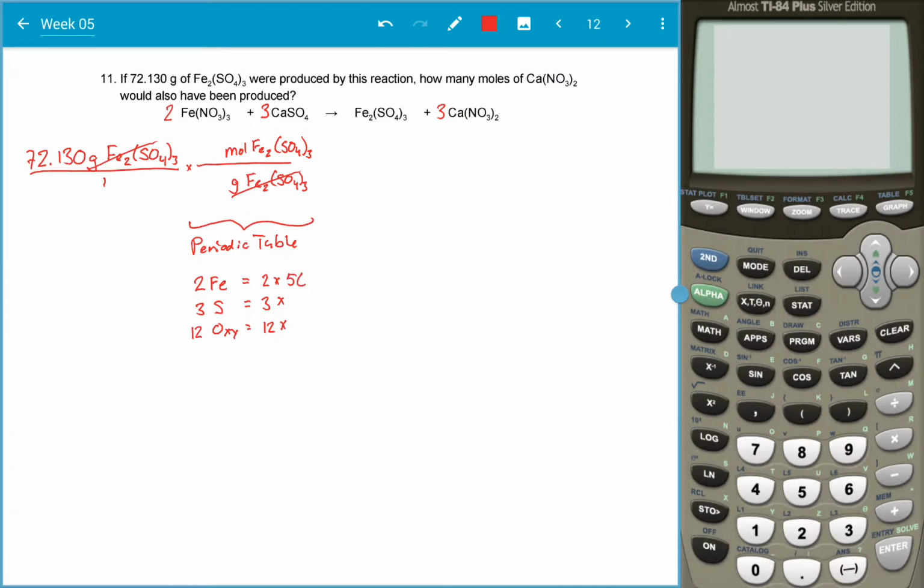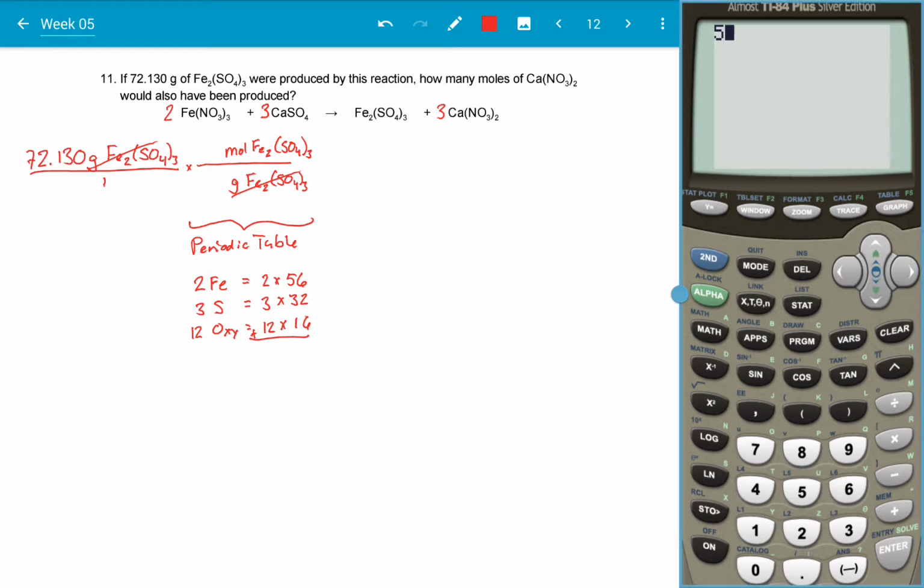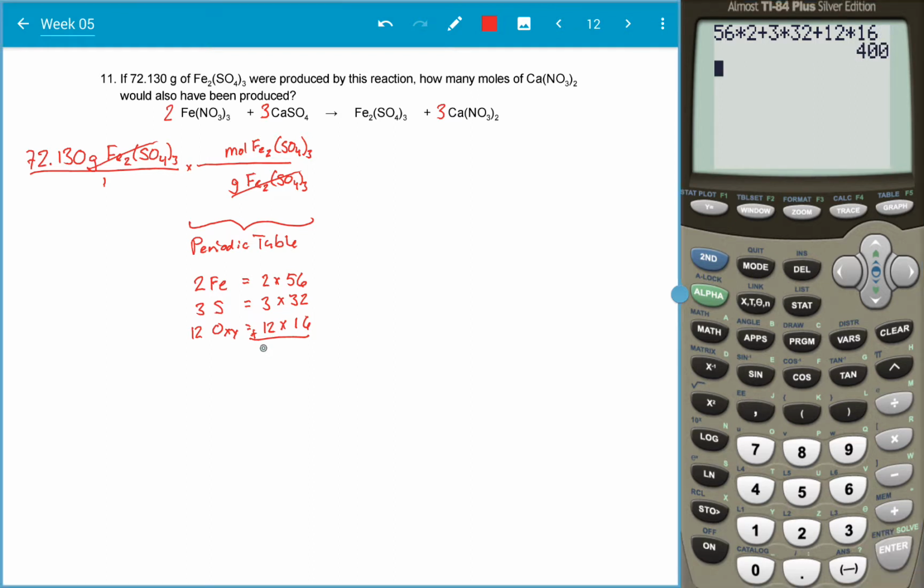So 56, 32, 16. If we do the math and add these up, 56 times 2 plus 3 times 32 plus 12 times 16 equals 400 grams per mole.